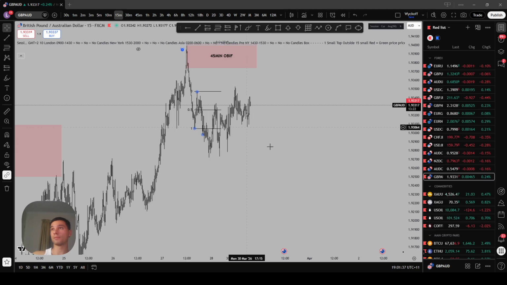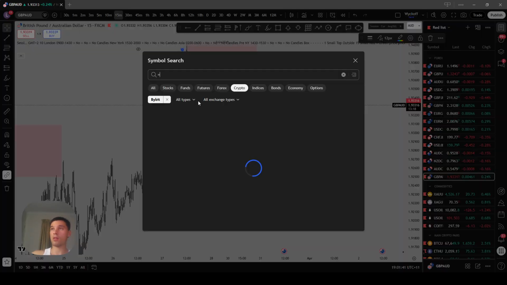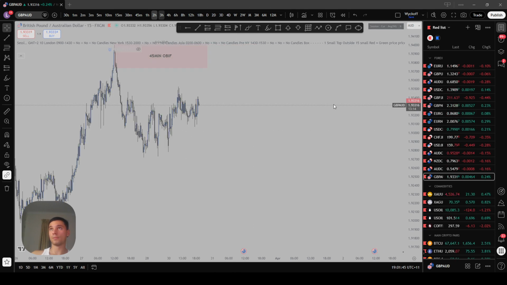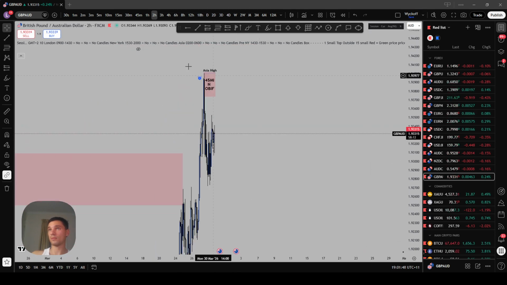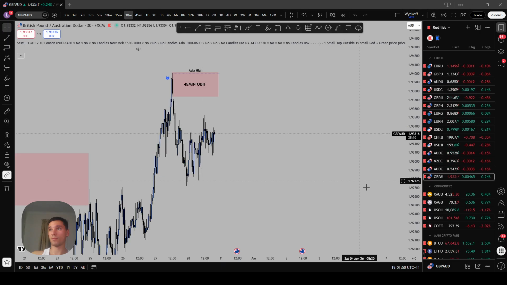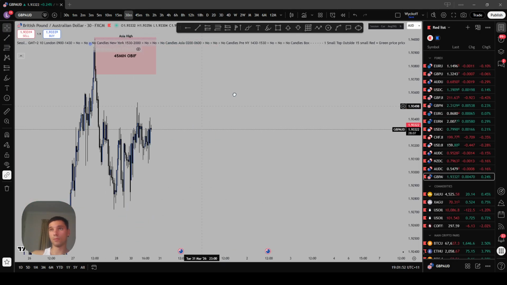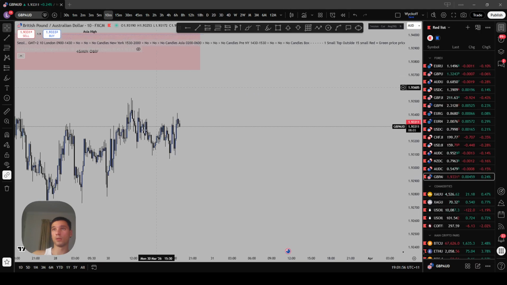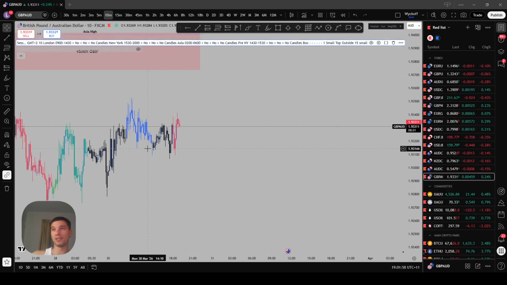GBP AUD, that's been invalidated. And nice little distribution here, accumulation here if anyone paid attention and took it.